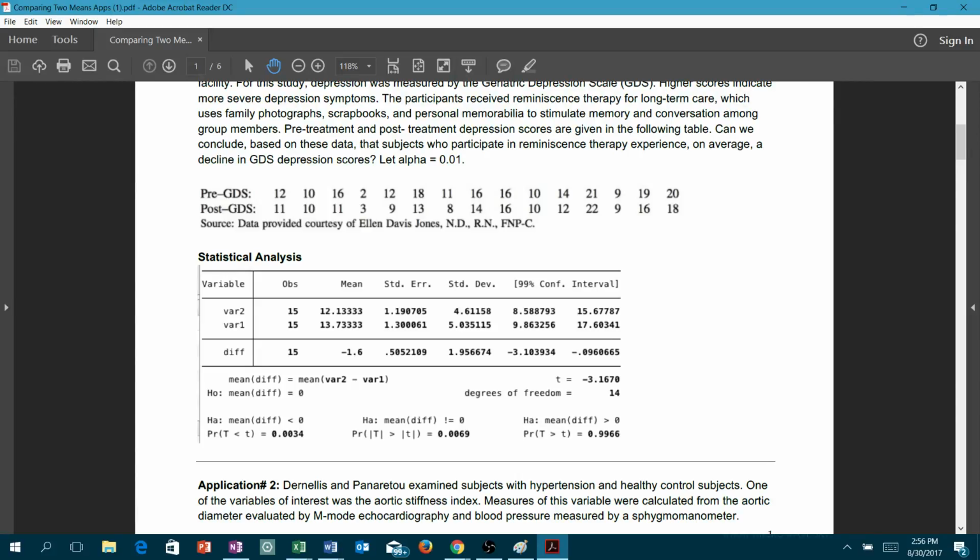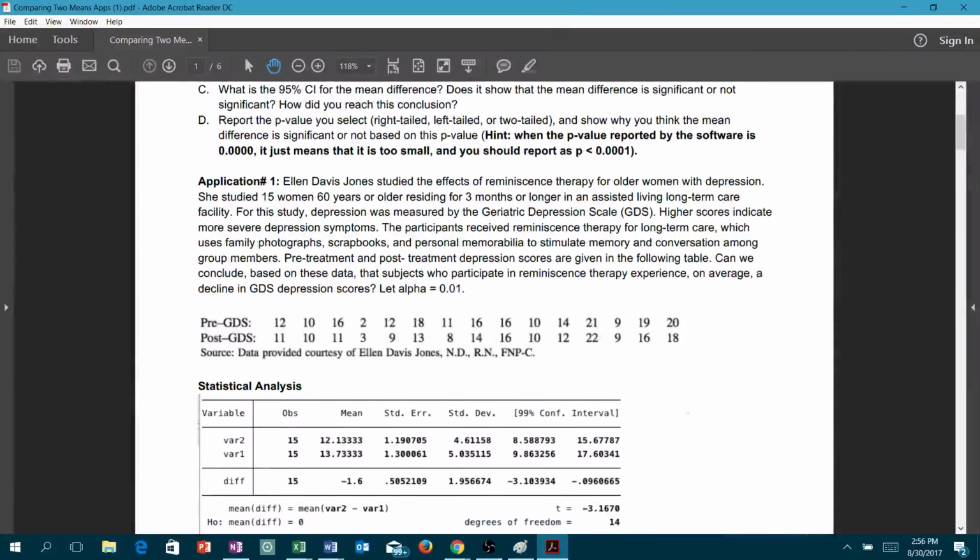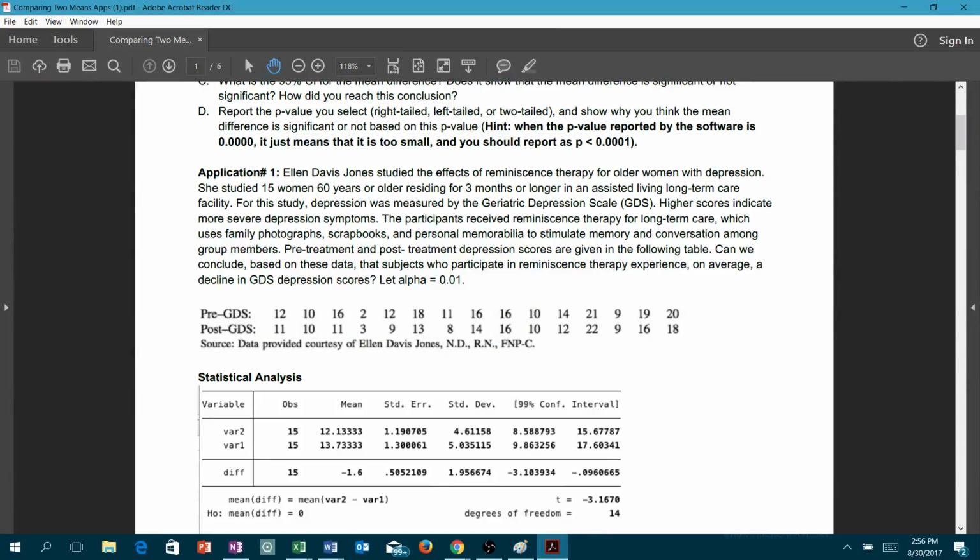And what he said, the p-value is less than alpha. I don't know how to give a better explanation. Reject, so it is statistically significant.